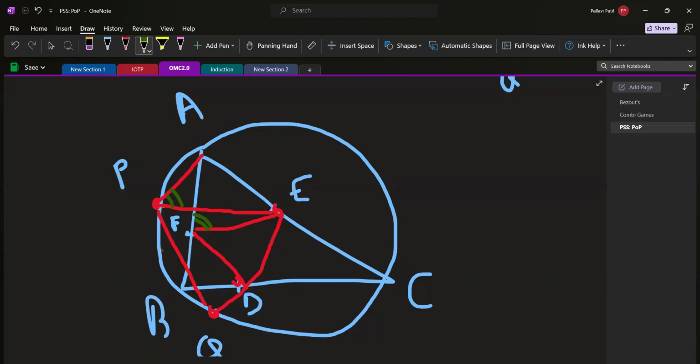So what angle is AFE equal to? We know DEF is the incircle. AFE is equal to another angle. AFD. AFE is equal to which other angle? AIE.